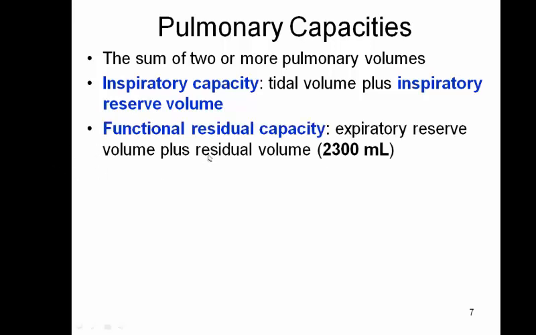We also have our functional residual capacity, which includes the residual volume, which is how much air is in the lungs when we've tried to push out all that air.